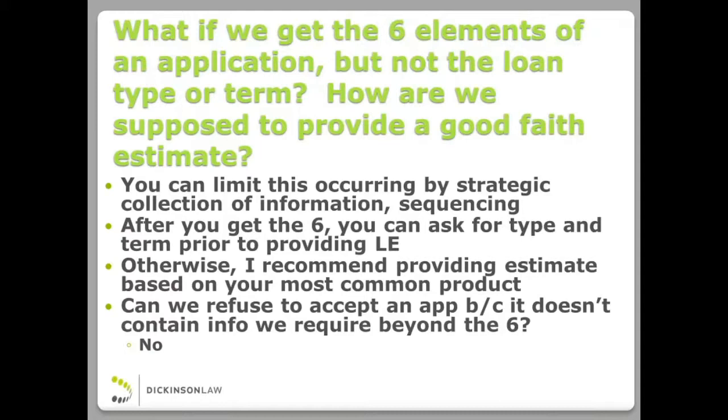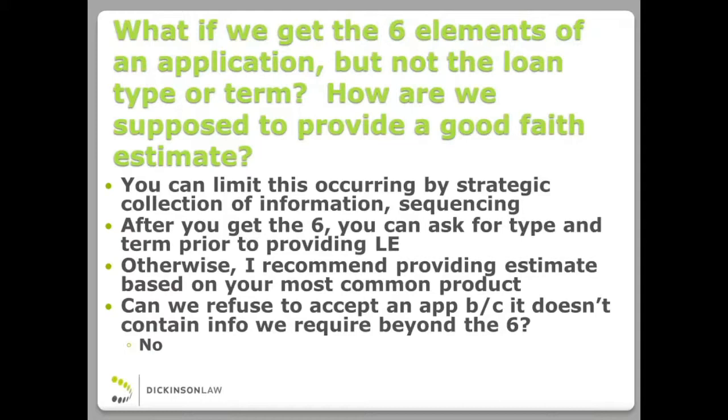You could also, if that fails, ask for this information after you get the magic 6. It's just not going to delay your disclosure timing. So you're free to ask for it and say, listen, we want to provide you with a real estimate, and we're going to need the loan type and the term that you're seeking to provide that. You can do that, but it's not going to delay or change your requirement to disclose.